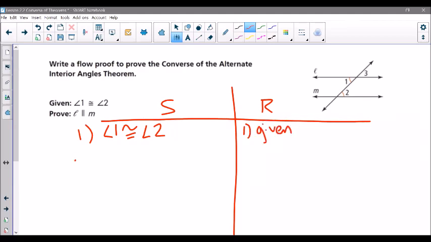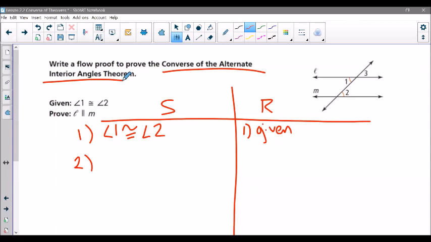All right, step 2. We know angle 1 is congruent to angle 2. We are trying to show that L and M are parallel. This is the converse of the alternate interior angles theorem. All right, so we cannot use the definition of alternate interior angles to prove its own theorem.